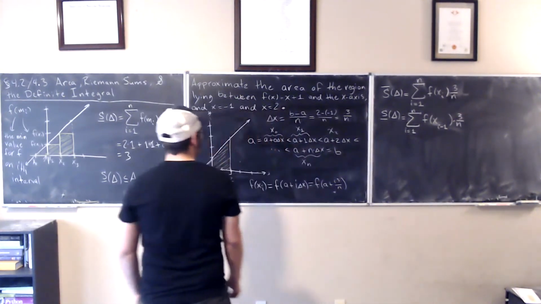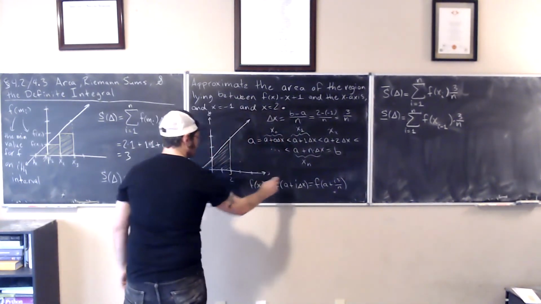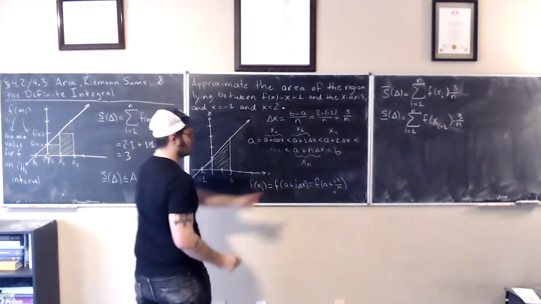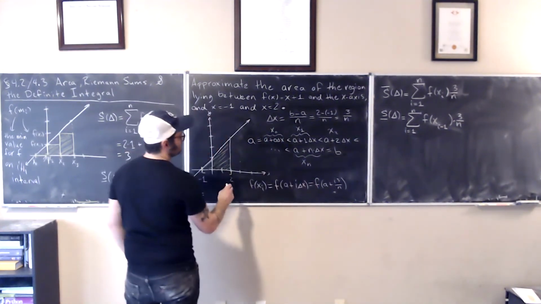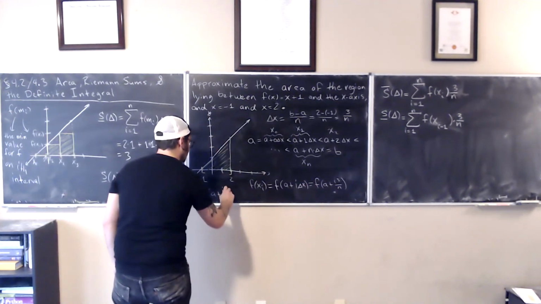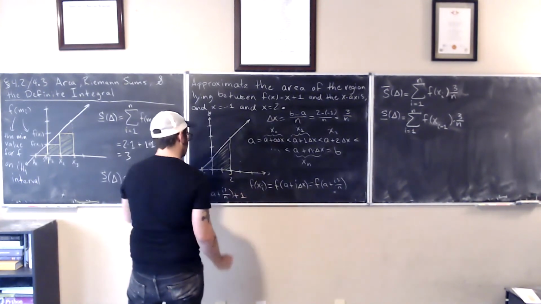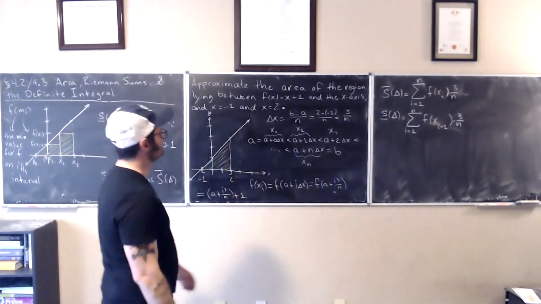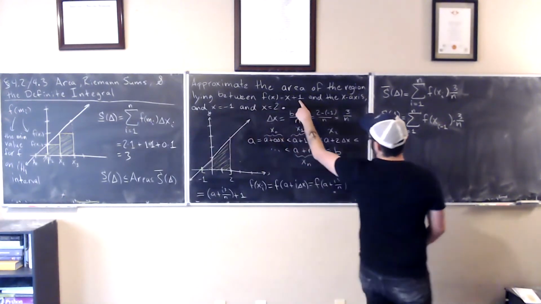Okay, so this equals a plus i times 3 over n plus 1. There's a plus 1 there.